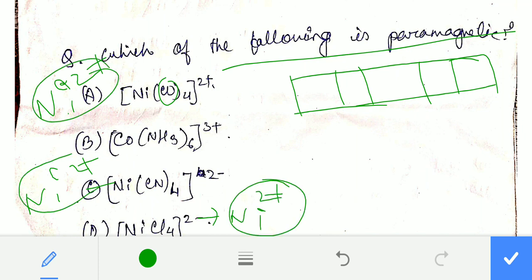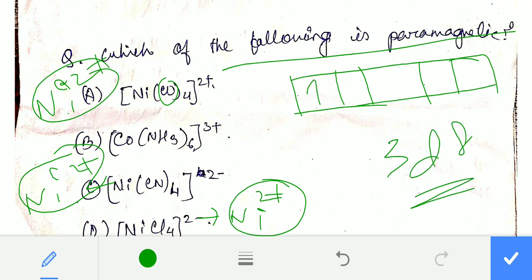Now nickel in +2 state means the outermost electronic configuration is 3d8. Since there are 2 electrons there, it must be unpaired, but this is not an MSQ type question, so all three options cannot be correct.